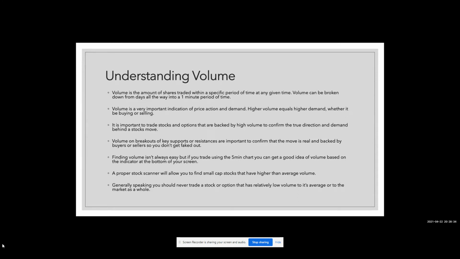When we say liquid, that means there is action within the actual stock and within the option. There's actually people going in and buying and selling that specific contract or that specific stock, right? So volume just shows that there is actually demand going on within the stock or option. You need to make sure that there's high volume before you enter a trade.